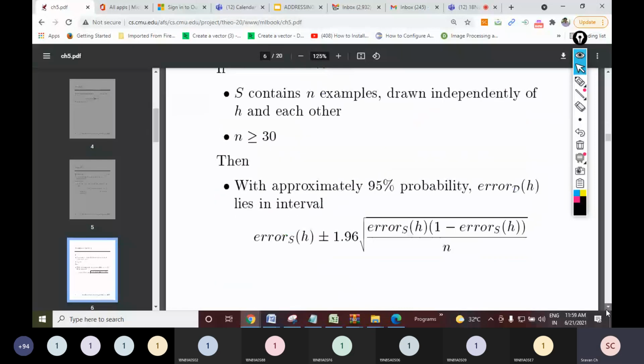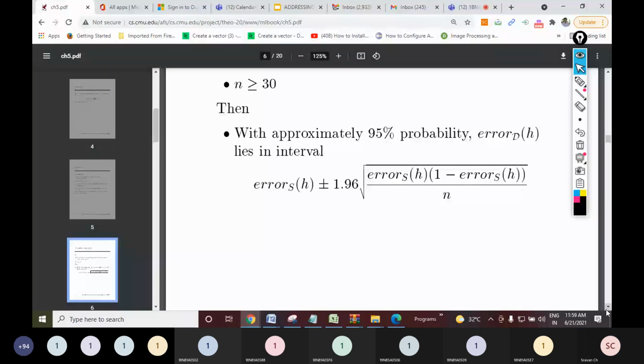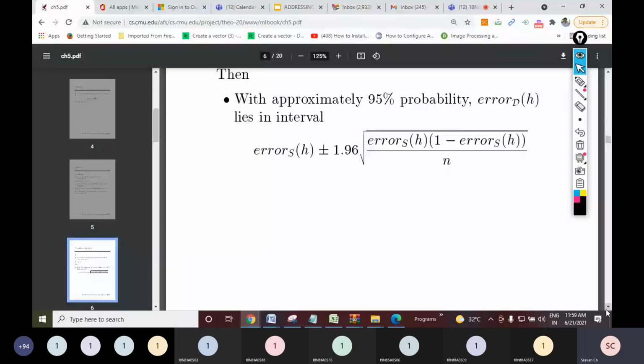See here, friends, this is the formula. Please make a note of this one. With approximately 95% probability, the true error lies in this interval. Interval means range. So for true error, this is the possible range.